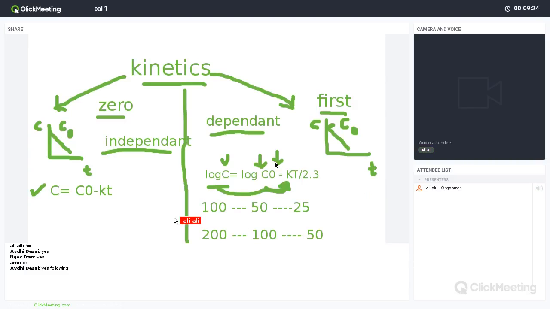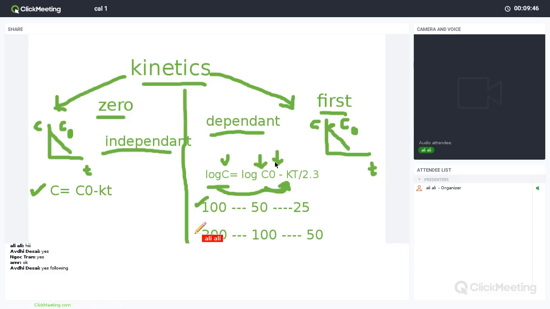So here the amount eliminated is different. Here the amount eliminated is 50 milligrams.